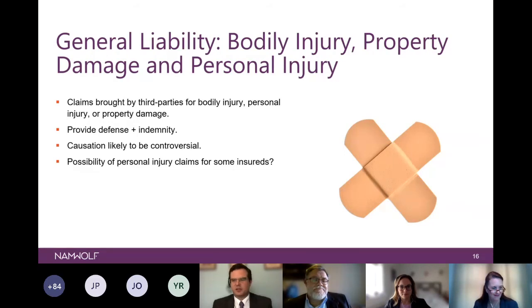In some states, whether or not something's an accident essentially depends on whether or not the insured intended for their action or inaction to result in a particular injury. But a lot of states have taken the position that it's really hard to specifically prove that somebody intended injury to happen. So we'll imply intent in certain circumstances, including where a particular action is substantially certain to result in injury.